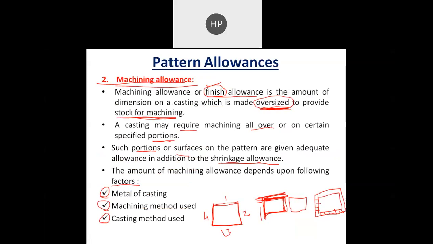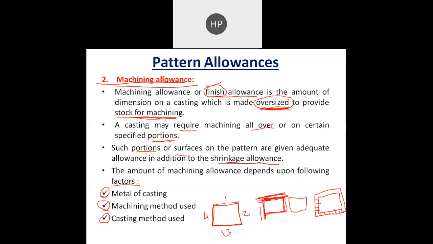So this is the thing to be remembered: in shrinkage or contraction allowance and in machining or finishing allowance, we make a pattern which is oversized than the original casting.